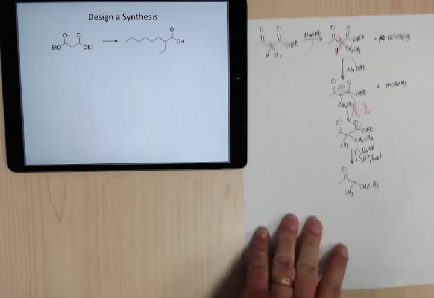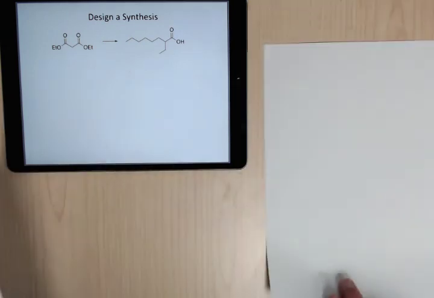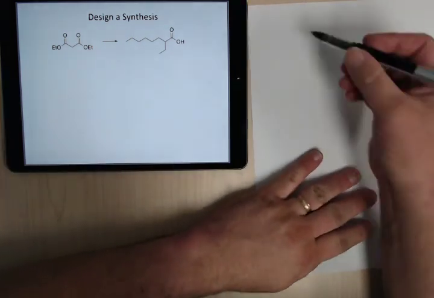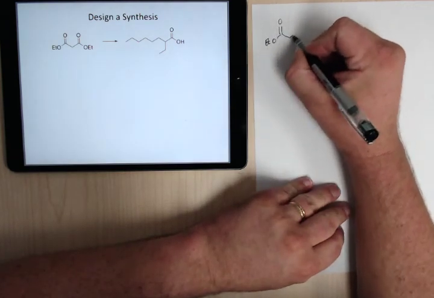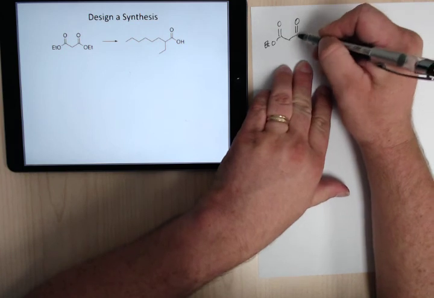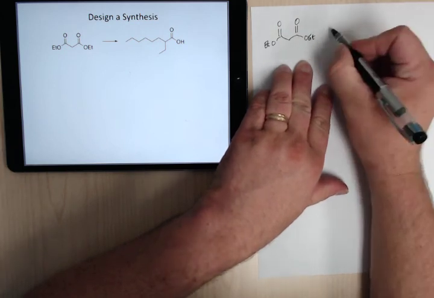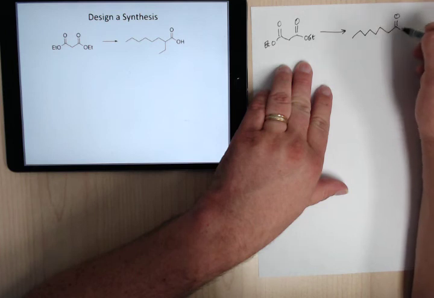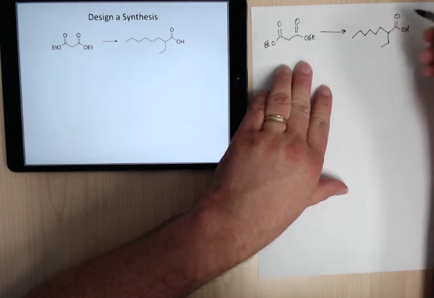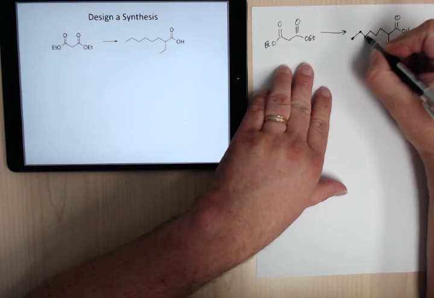So if we wanted to design a synthesis for this, okay, what we would need to do is O-ethyl. Okay, again, we're going to put in our dots.